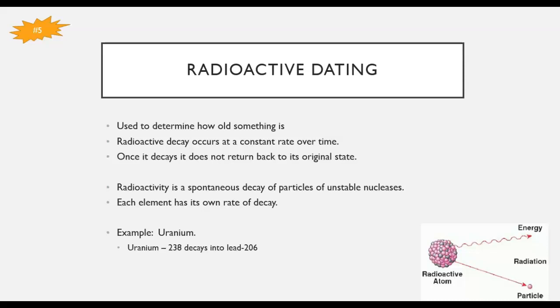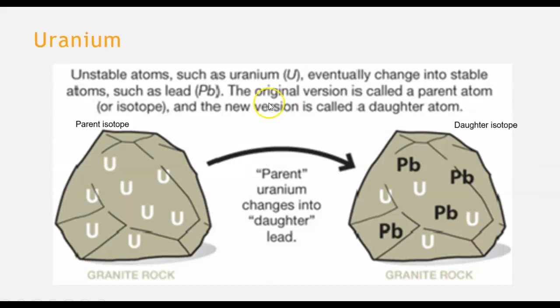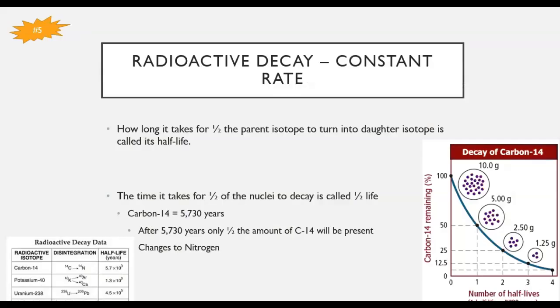And there'll be some examples in here that you can pause and look at, like uranium is a popular one. And again, the parent isotope is the start element, and then the daughter is what it turns into through its radioactive decay. Like we had said earlier, it is at a constant rate.